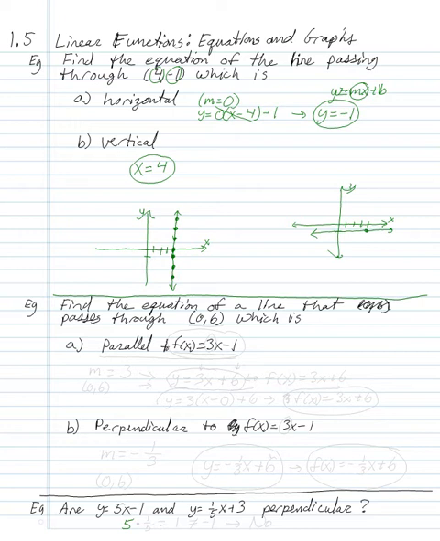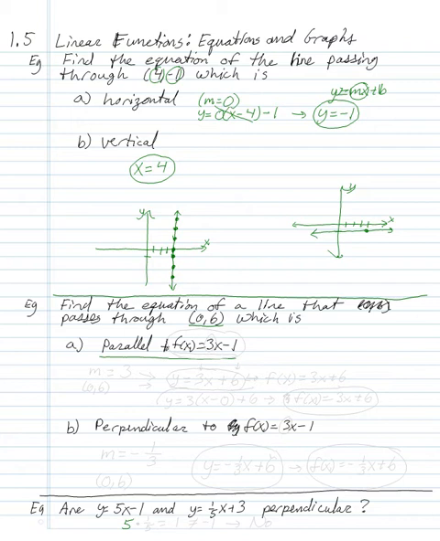So, we are going to use those definitions to come up with equations for lines parallel and perpendicular to lines that are already given. In this scenario, we want to find the equation of a line that is first parallel to a given line, f of x equals 3x minus 1. And we want that line to pass through the point 0, 6.